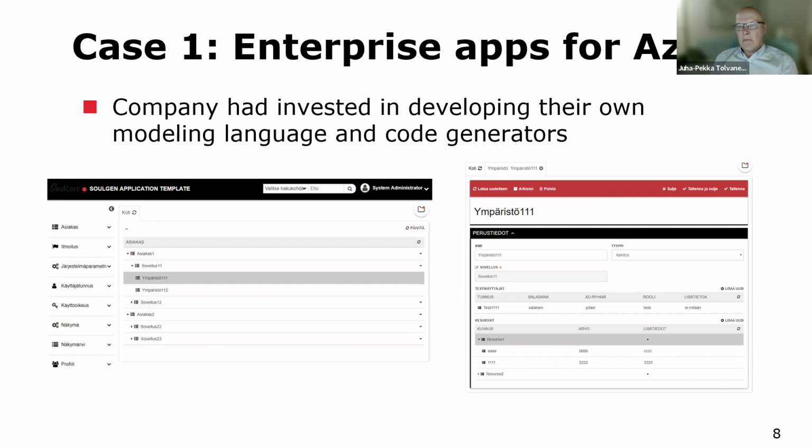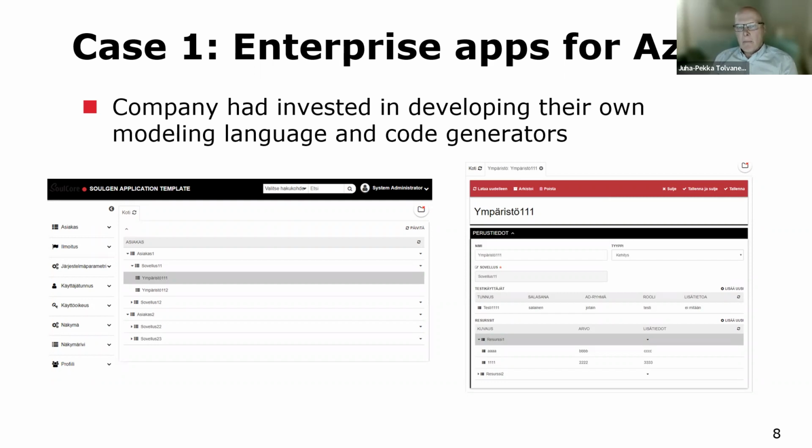Very basic enterprise applications that are running in the cloud. And what the company had done is that they have been developing their own language and their own generators. And they wanted to know whether this makes sense.